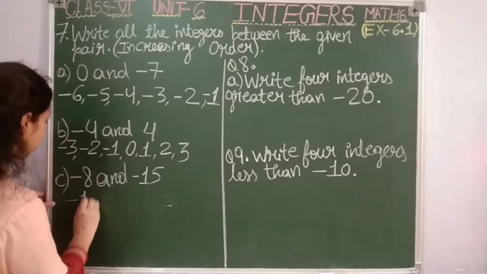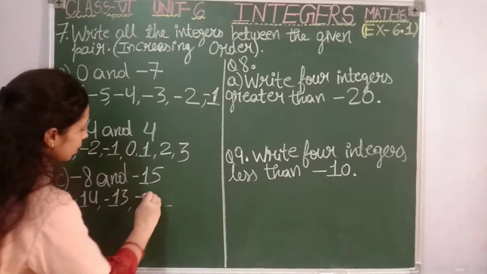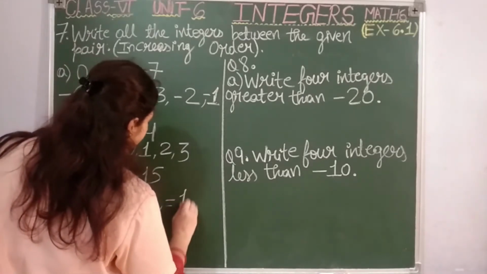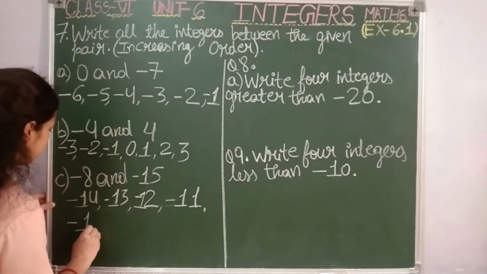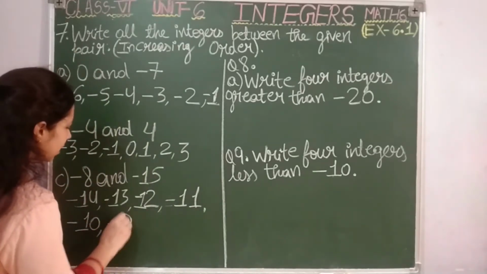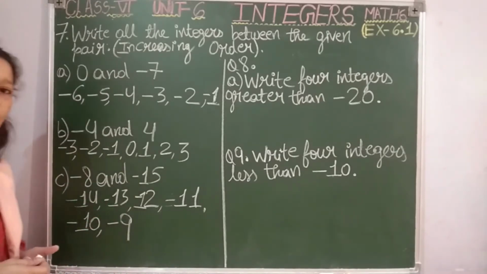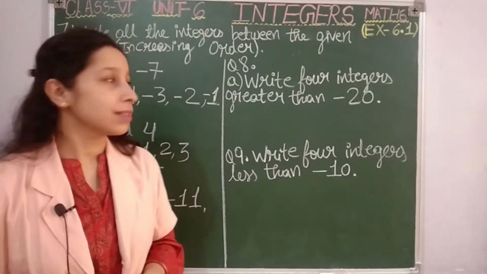So like this we are going to start: minus 14, minus 13, minus 12, minus 11, minus 10 and minus 9. Finally, these many integers come between minus 8 and minus 15. Okay, point number D will be your work. You are going to do it as homework.